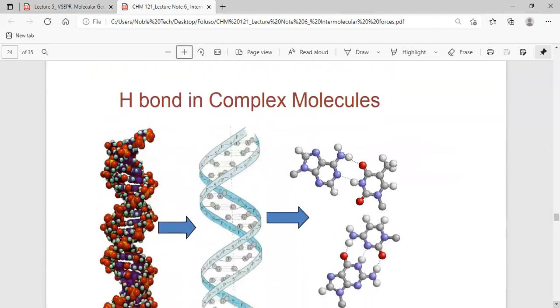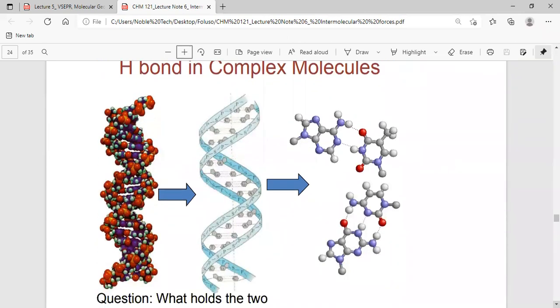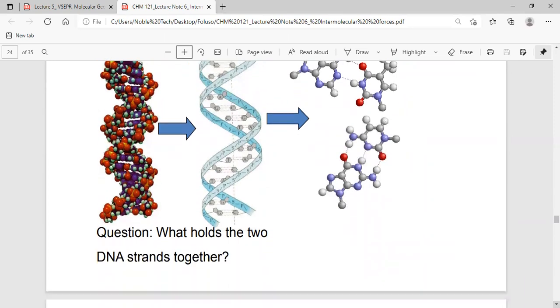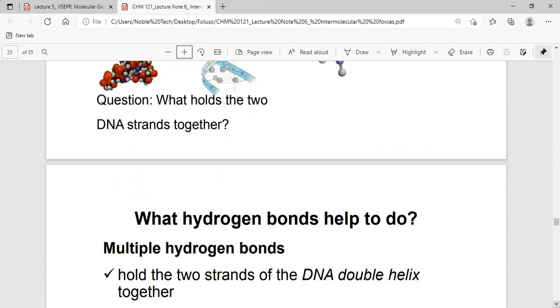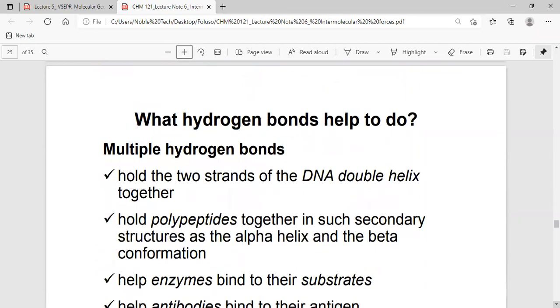Then the bonding of hydrogen is what binds peptides together, what binds strands together in a DNA, and is responsible for biological life.